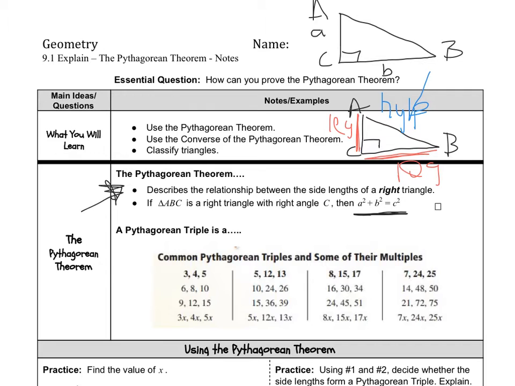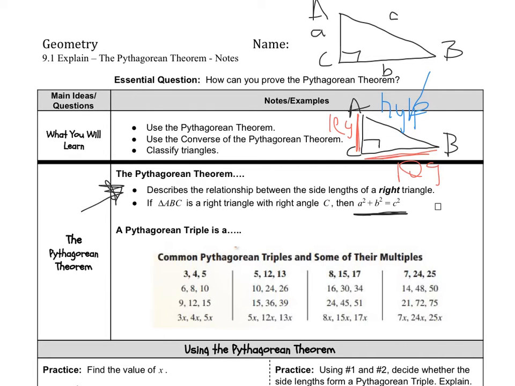No, it doesn't. But one leg is A and the other leg is B. Your hypotenuse is always your C. So if we're trying to find a missing part, it just depends: is it a leg? Is it a hypotenuse?